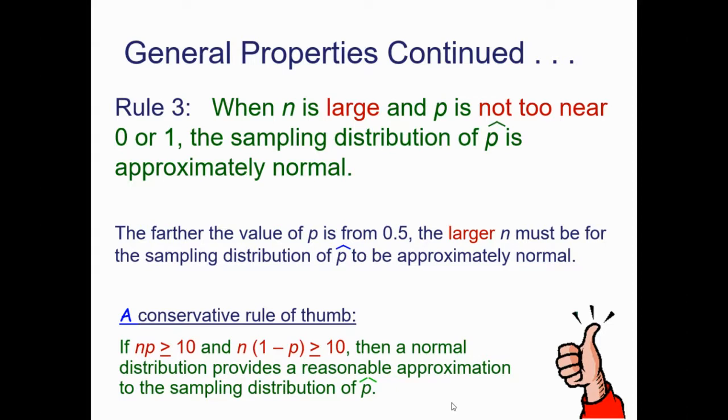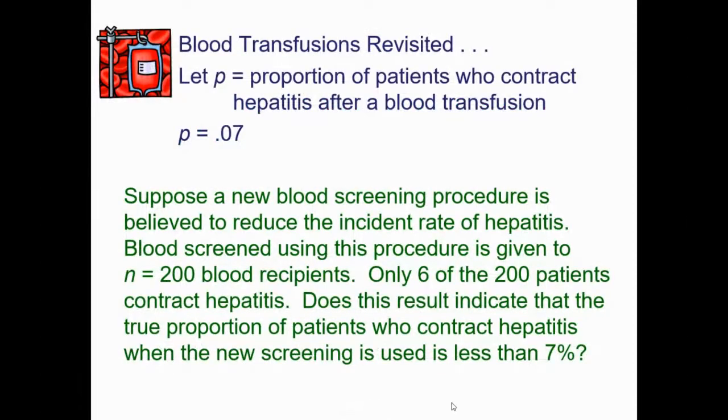So let's go back to that blood transfusion example. P is the proportion of patients who contract hepatitis after a blood transfusion. In our case, P is 0.07. Now let's suppose that a new screening procedure is believed to reduce the incidence rate of hepatitis.